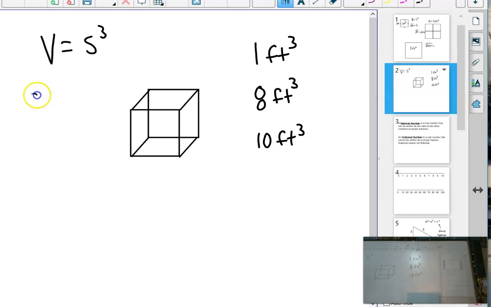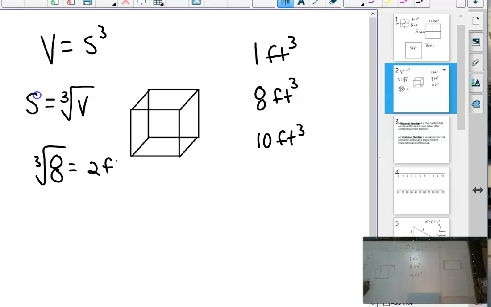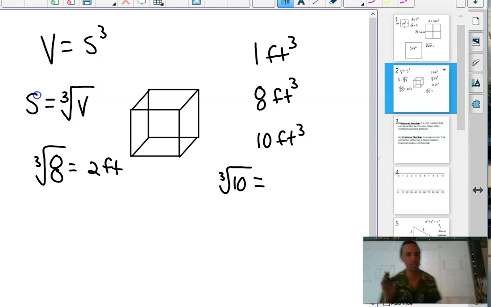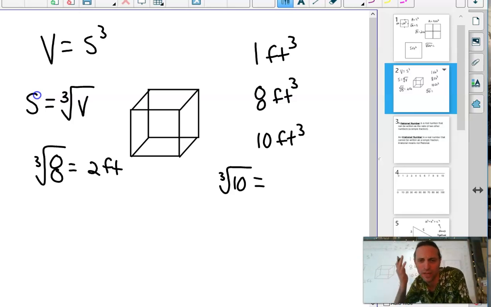So if you want to find the side, it's the cube root of the volume. So like here it'd be like the cube root of 8. And that would be 2. Or the cube root of 10, which I'd have to use my calculator.